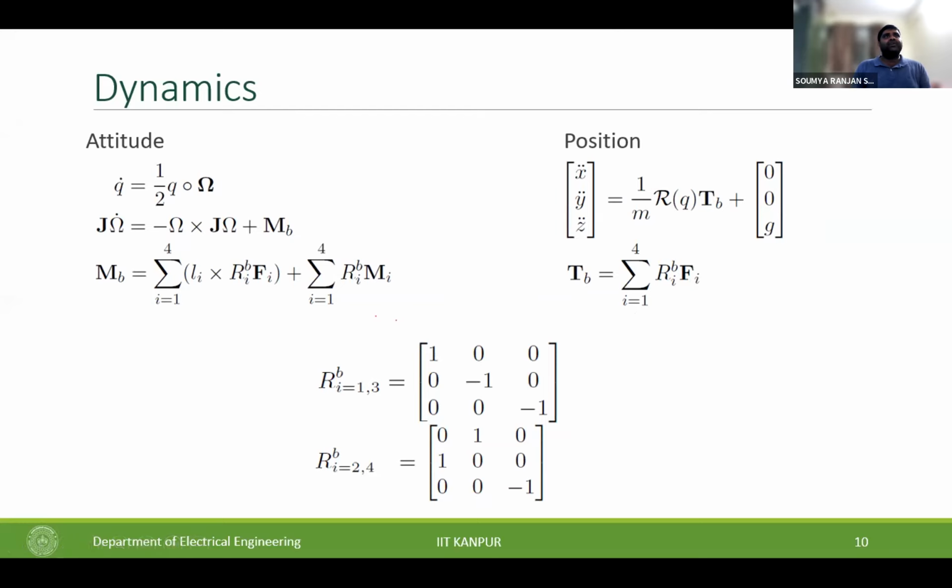So from here, the Fi's and Mi's have been resolved along the body axis that we had. So the vertical and the horizontal components of both forces and moments are essentially responsible for not only generating the moment required for controlling the attitude, but also the forces that are required to move the quad along the XYZ axis in the inertial frame.